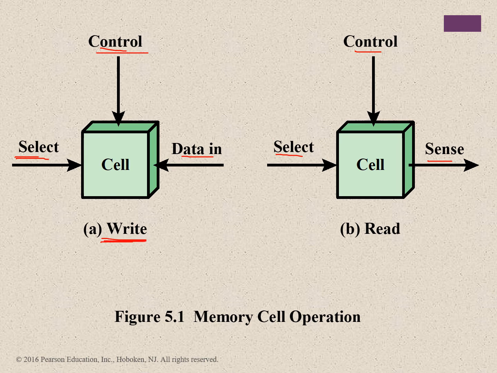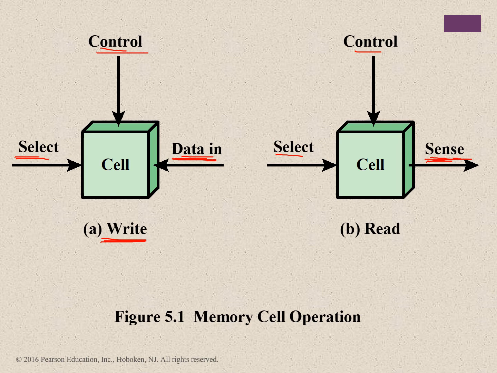The terminal provides an electrical signal and that sets the state. So the data will be given to the memory cell and it will be written. The cell will be set to 1 or 0. For the reading operation, the terminal is used to output the data out of the memory cell.